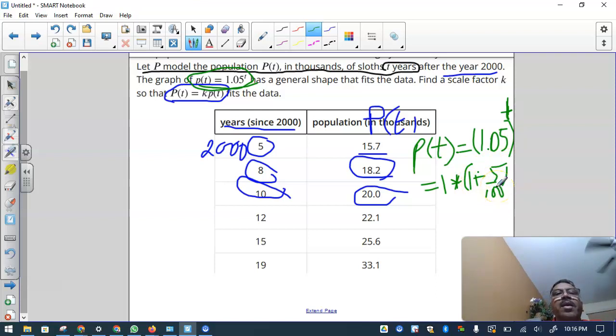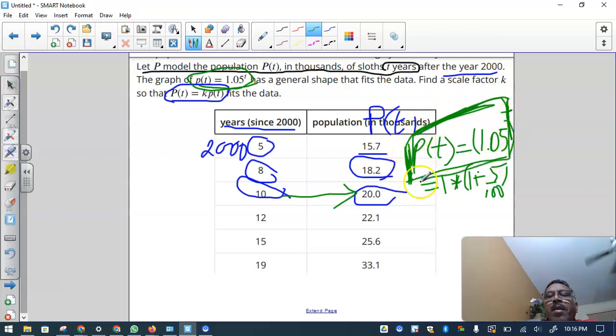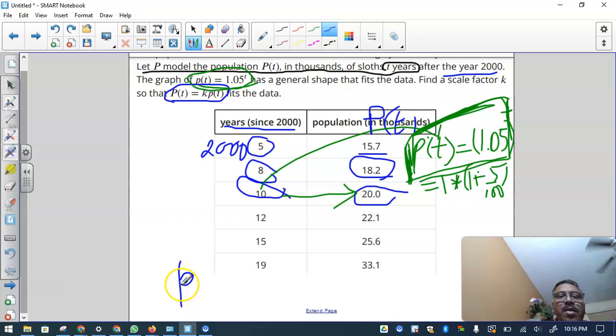I think they gave 5% somewhere. Anyway, based on this, can we write the uppercase function? Now the question is how much this has grown to. So in this function, let's put t equals 10. So this will become lowercase p of 10.